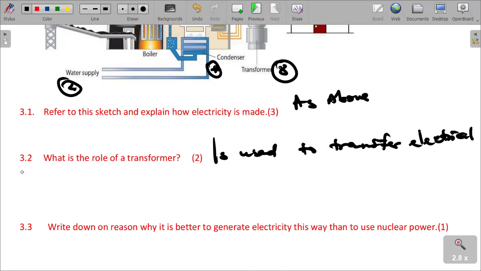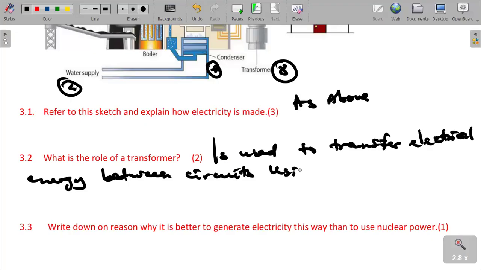It is used to transfer electrical energy between circuits using electromagnetic induction. That is the function of a transformer.